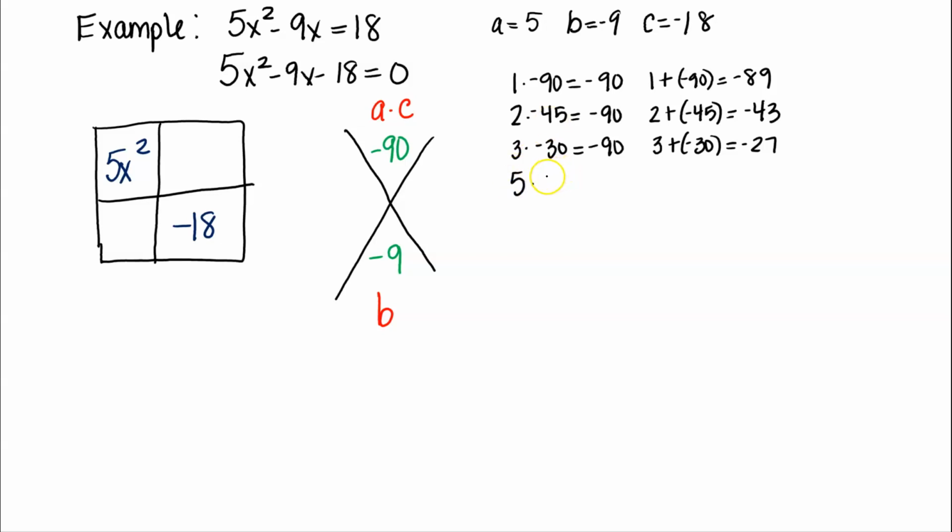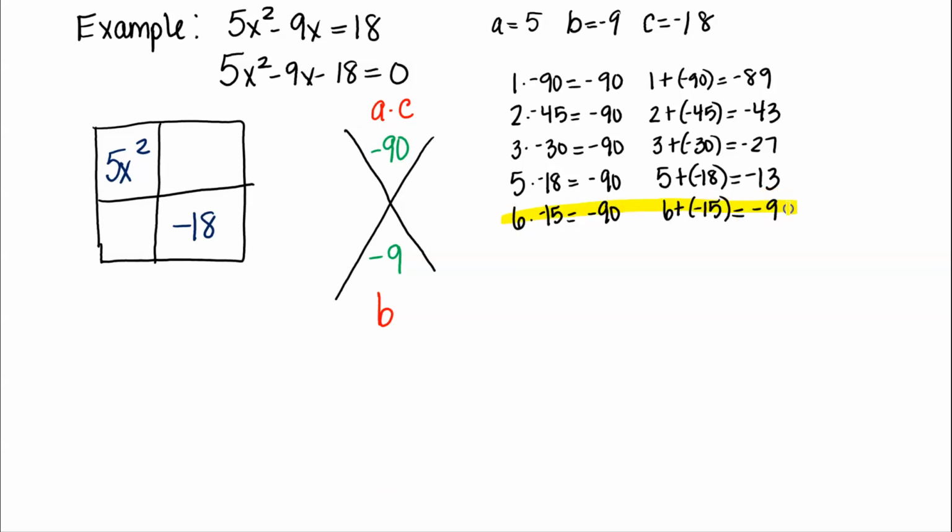5 times negative 18 is negative 90. 5 plus negative 18 is negative 13. 6 times negative 15 is negative 90. And 6 plus negative 15 is negative 9.